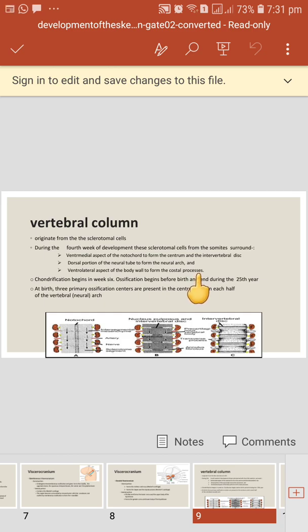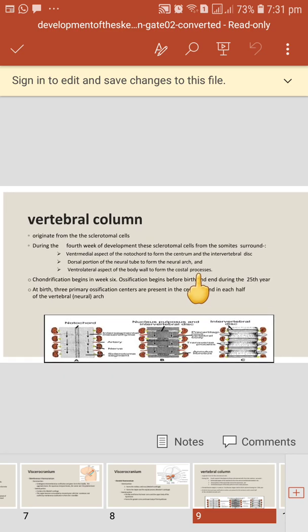This is very important to know, how the vertebral column will develop. The first point to learn is that it will originate from the sclerotomal cells, and how this will proceed: in the 4th week of development, these sclerotomal cells from the somites will develop, and they will surround the ventromedial aspect of the notochord, the dorsal portion of the neural tube, and the ventrolateral aspect of the body wall.